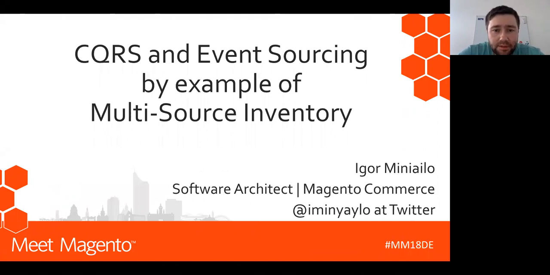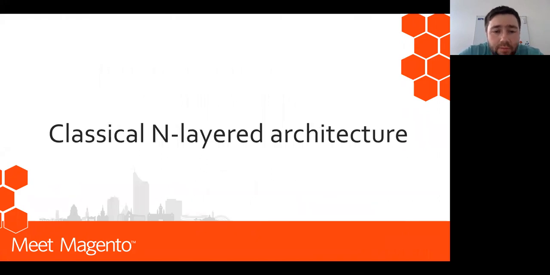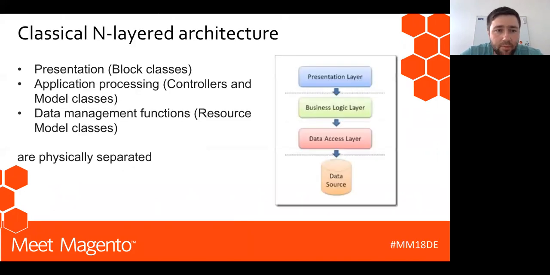But let me start the discussion from classical and layered architecture, and I will make an excursus of how Magento architecture evolved through years, from Magento 1 to Magento 2, and what actually changes in code we experience, and actually we're still experiencing. And you probably know that Magento 1 was a pretty good example of classical and layered architecture.